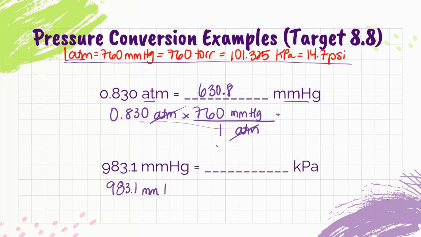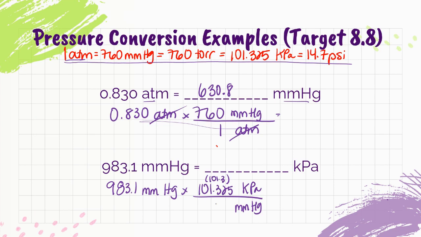983.1 millimeters of mercury, and we want to get to kPAs. So to cancel out millimeters of mercury, we're going to need that on the bottom and kPAs on the top. So the kPa, well, we got 101.325. And again, if you put this as 101.3, that is totally fine. Don't worry about that.